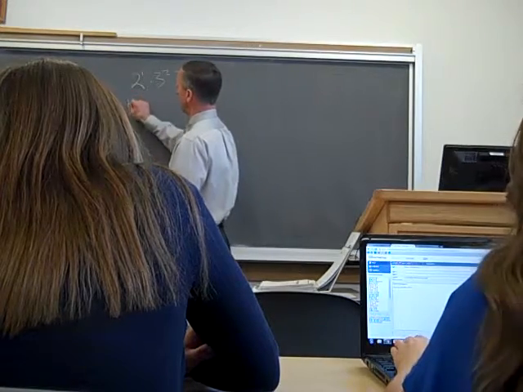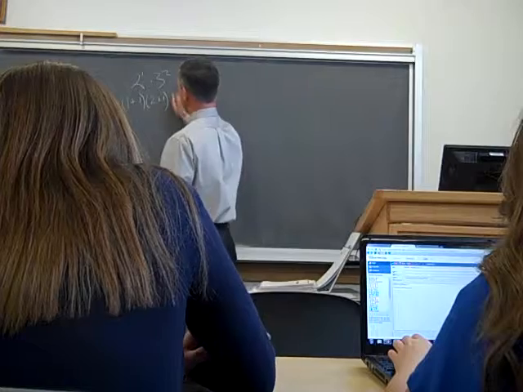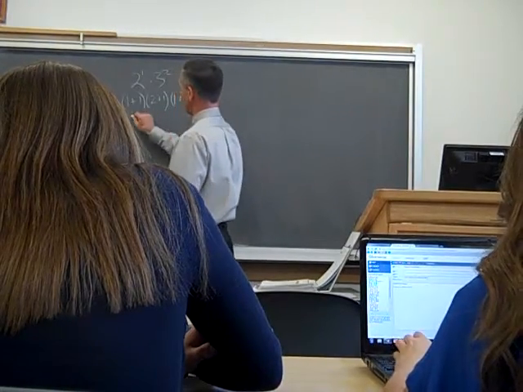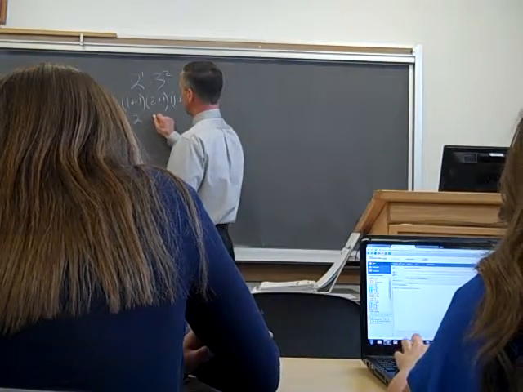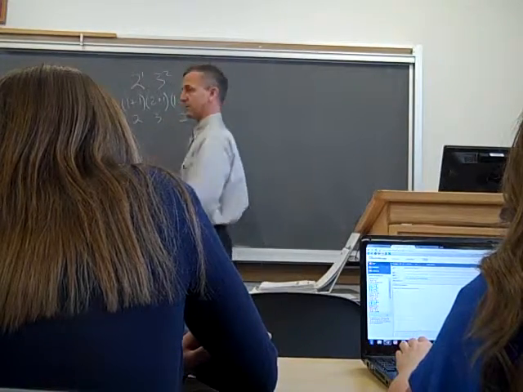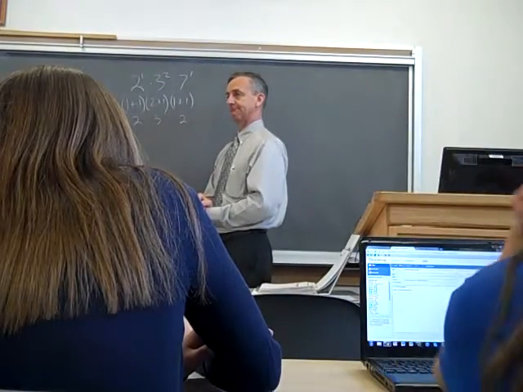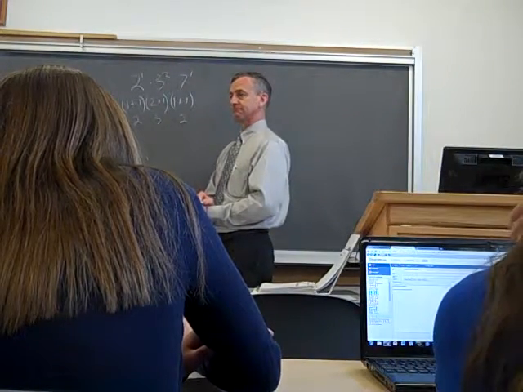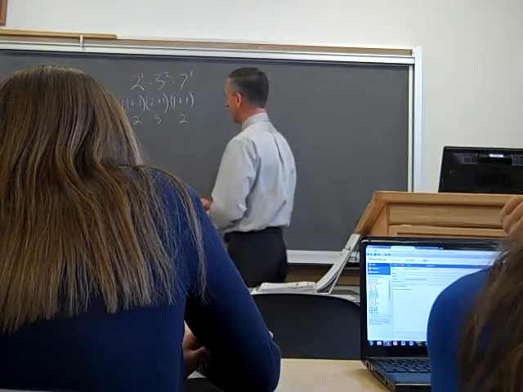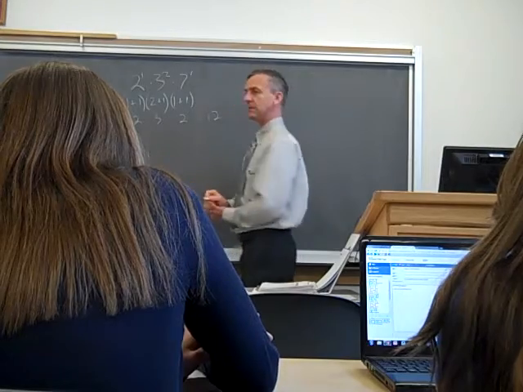So add 1 to 1, we get 2, add 1 to 2, we get 3, and add 1 to 1, and we get 2. Then what? Then multiply them, we get what? 12.